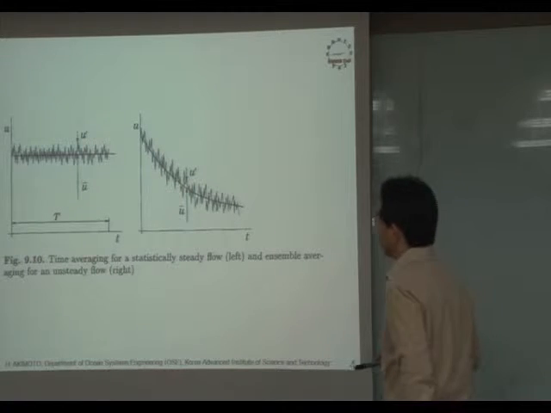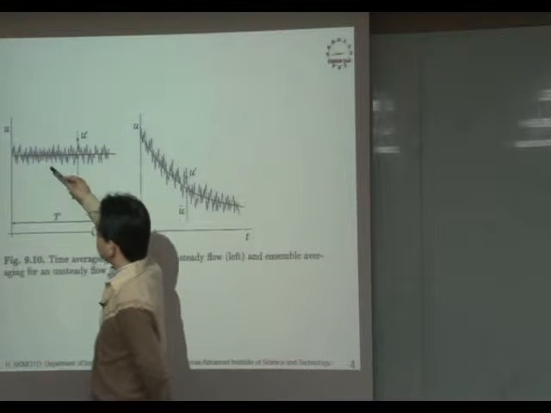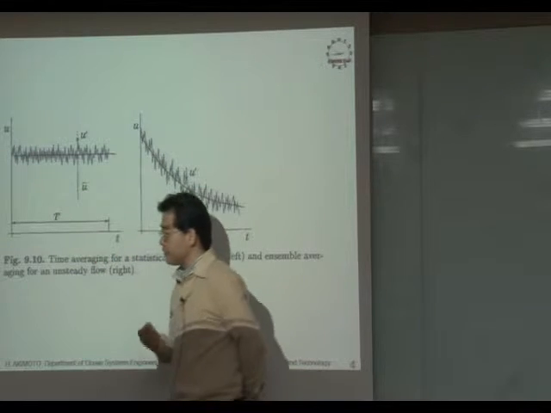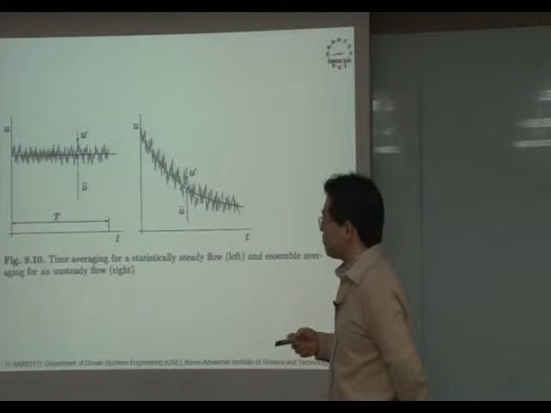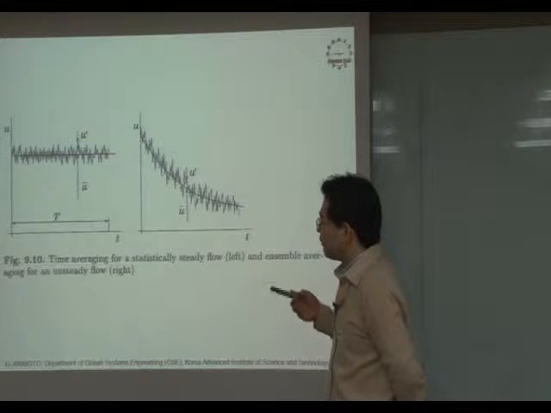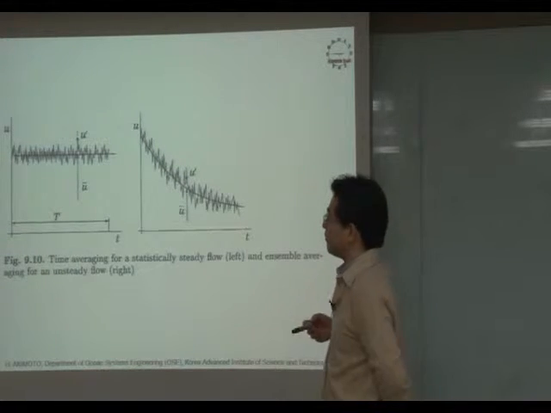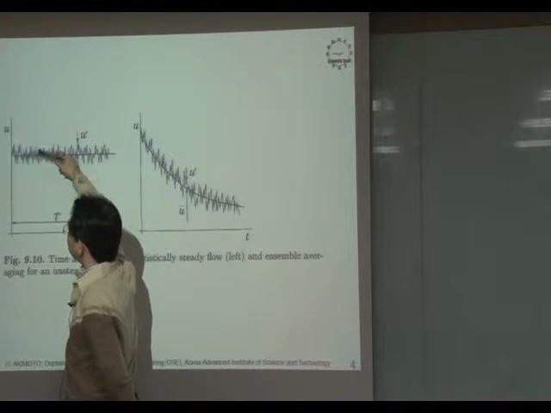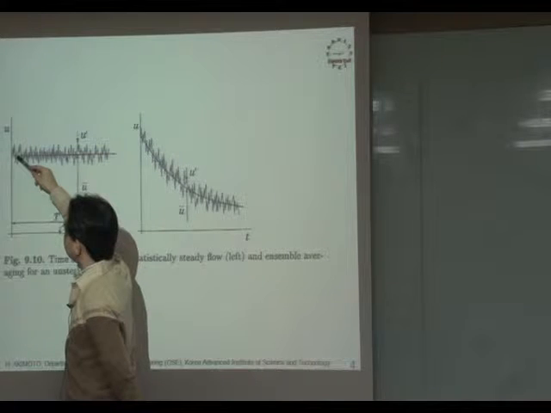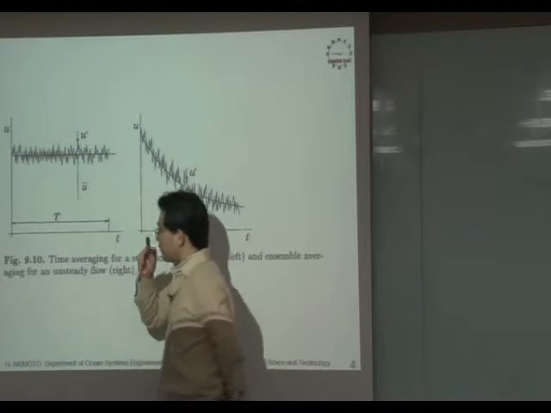So the consideration is like this. If the flow is a steady turbulent flow, as I repeatedly said, turbulence is fundamentally an unsteady phenomenon. But if it is steady, the averaged value of the flow exists.